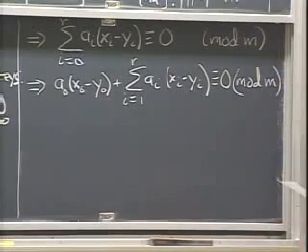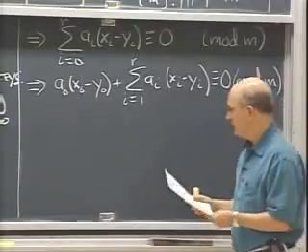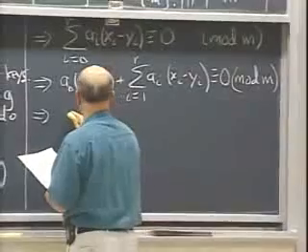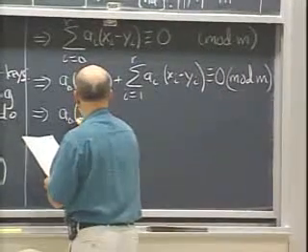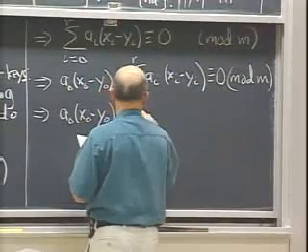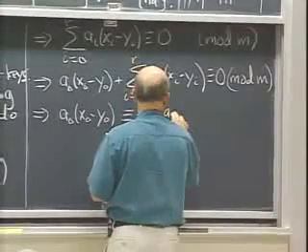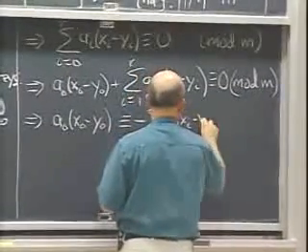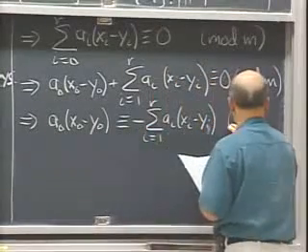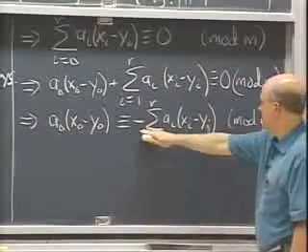Okay, so now we've just pulled out one term. That implies that a0 times (x0 minus y0) is congruent to minus the remaining sum, mod m.